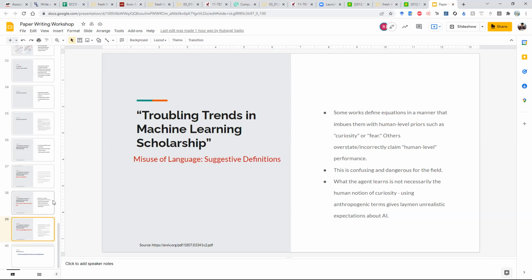Using anthropomorphic terms gives laymen unrealistic expectations about AI. And just beyond your research paper, it gives people outside of the field unrealistic expectations, which just isn't good for your paper and isn't good for the field. So you should use more technically grounded words instead of notions such as curiosity or fear.